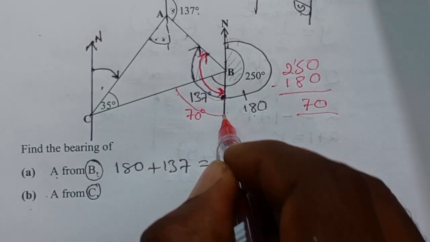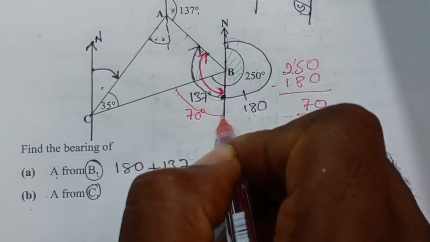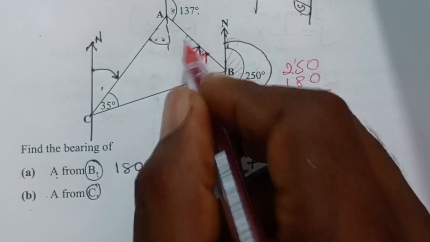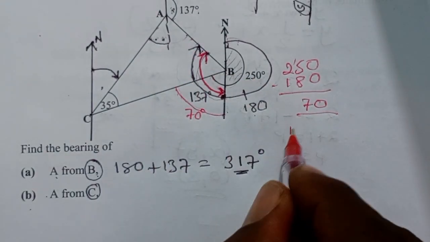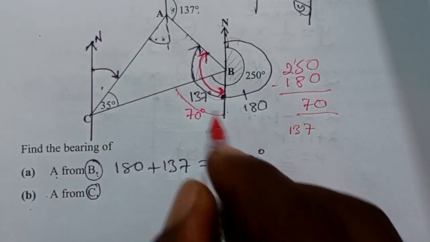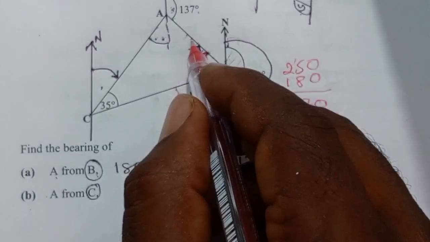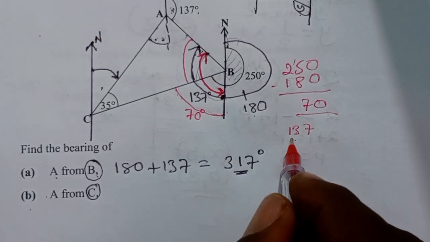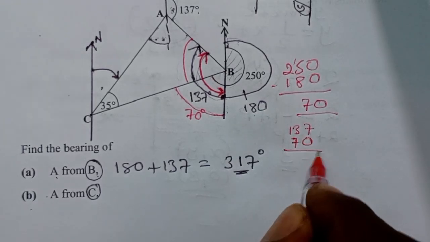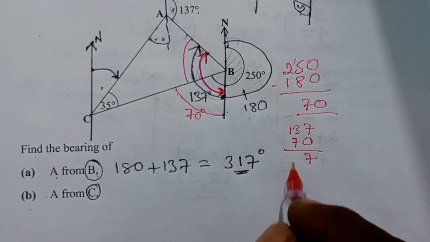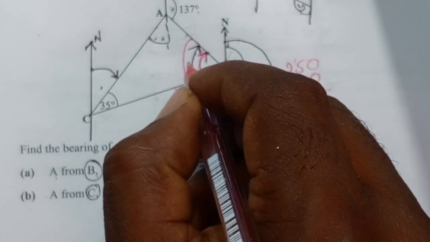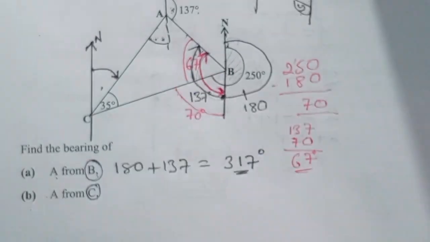But from this point up to this point, it is 137. So we are going to subtract 137 minus this 70. Then we are going to have this angle. So 137 minus 70, we are going to have 67. So this is 67 degrees.